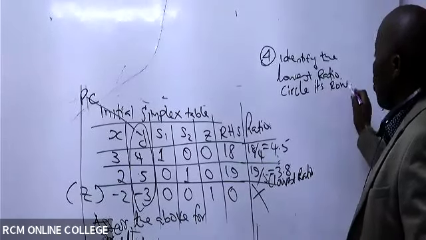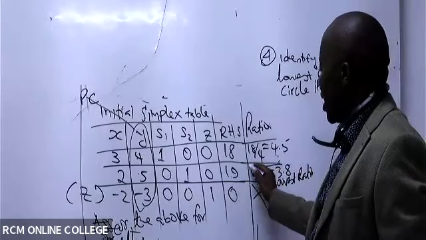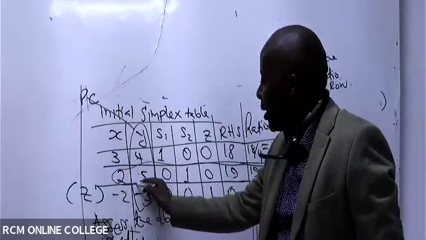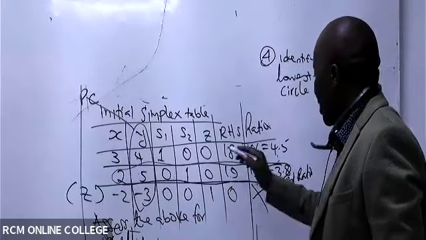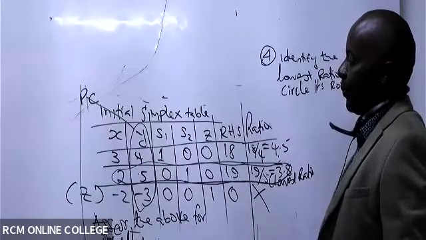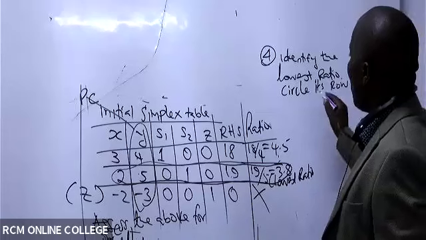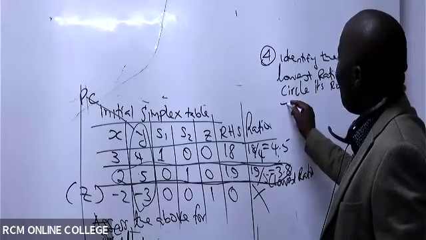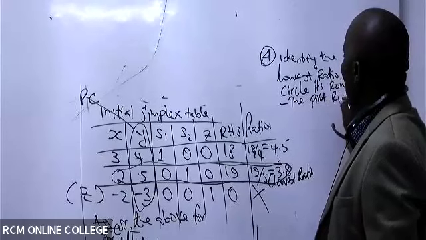Circle the whole of it. Once you circle it like that, call it the pivot row.